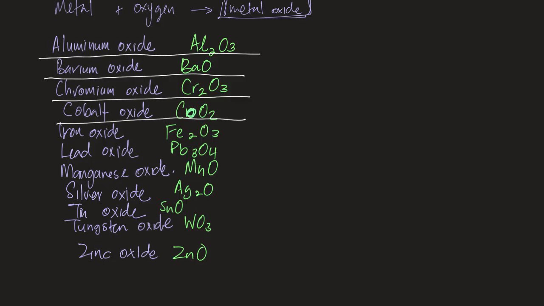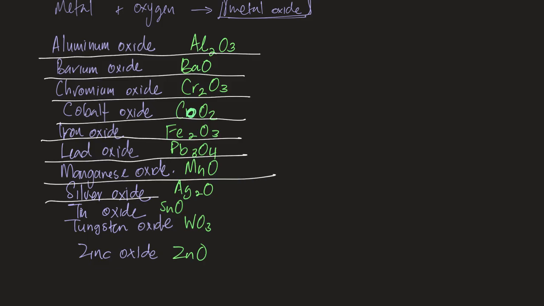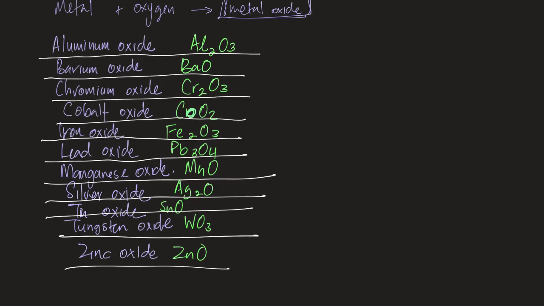It's CO, sorry, cobalt. Iron oxide, lead oxide, manganese oxide, silver oxide, tin oxide, tungsten oxide, and zinc oxide. So these formulas you will have. You just need to write the equation. So what we're going to do now is write the equation for a few of them.